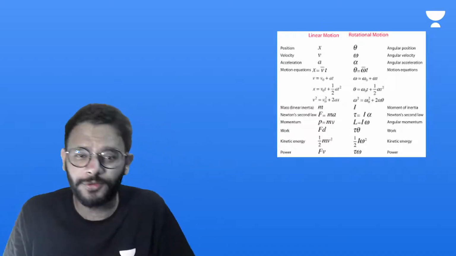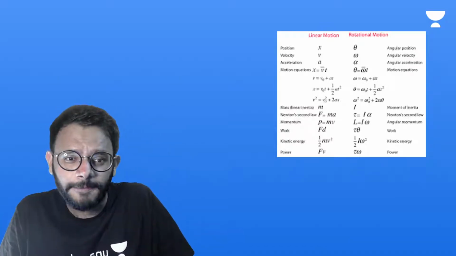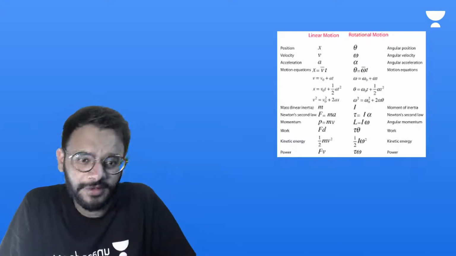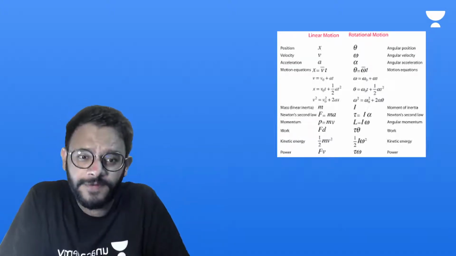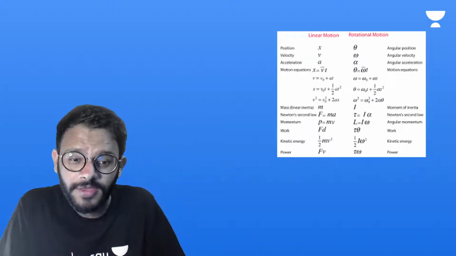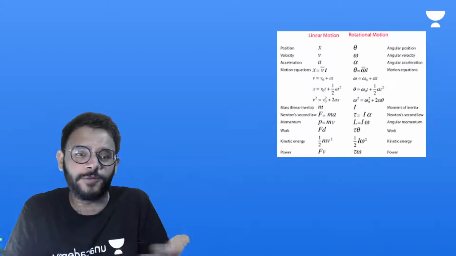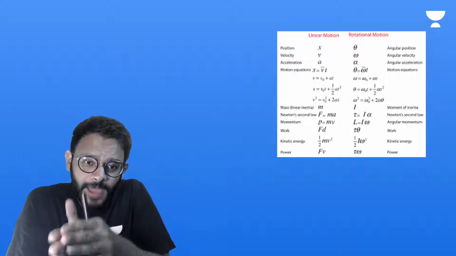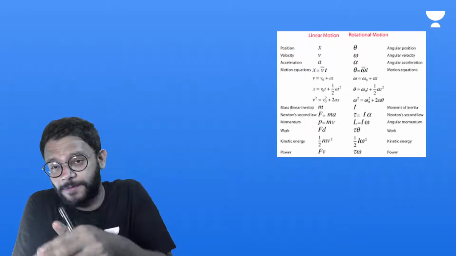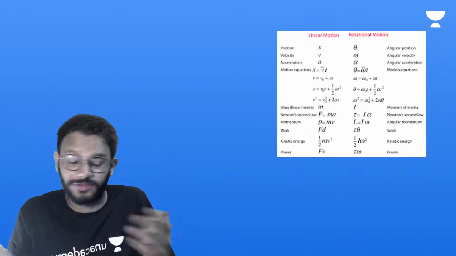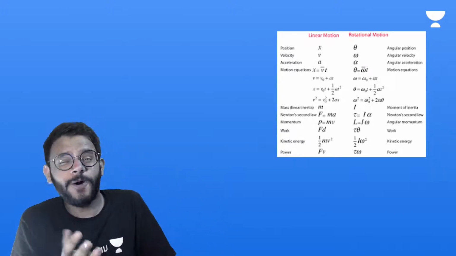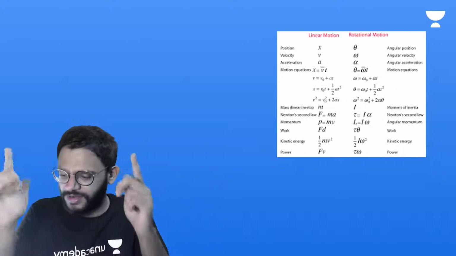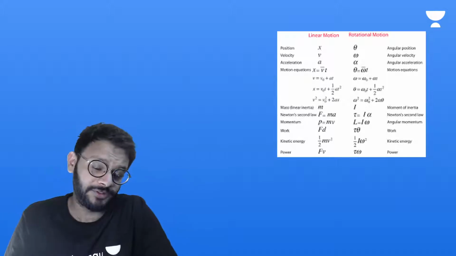As you can all see, position x is translated to theta, v translates to omega, a to alpha, and so on and so forth. That is how we get all the required equations. So we are just deriving the same analogy from linear to the rotational part, and that's how easy it can be. All you need to do is be clear about the linear motion section, and rotational motion is at your fingertips.